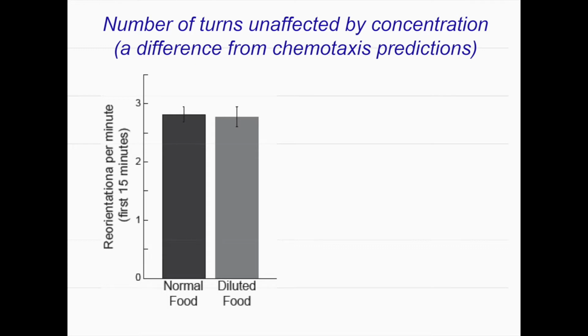In the chemotaxis model, in contrast, if I accommodate animals to a patch of food with high concentration, when I remove the animals from that patch, they should make a larger number of turns. So chemotaxis predicts that if we use either normal bacterial concentration or diluted, there should be a drop in the number of turns. Yet in the infotaxis model, experimentally they're identical, and that's one of the key predictions from the infotaxis model.